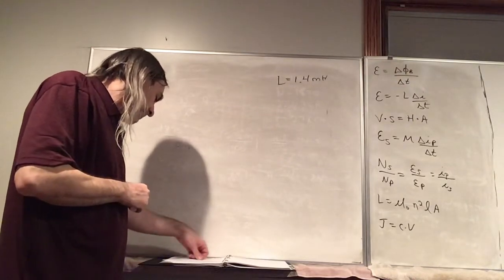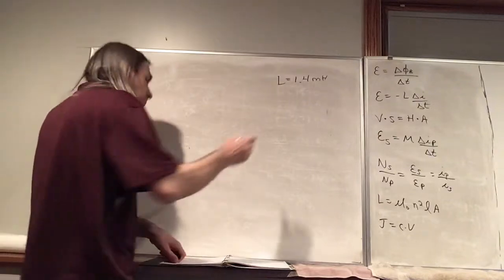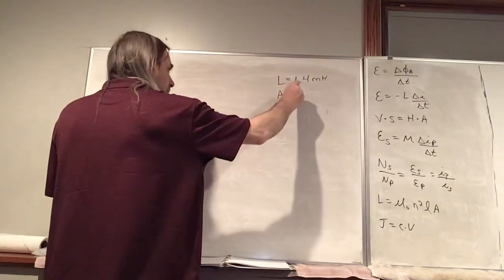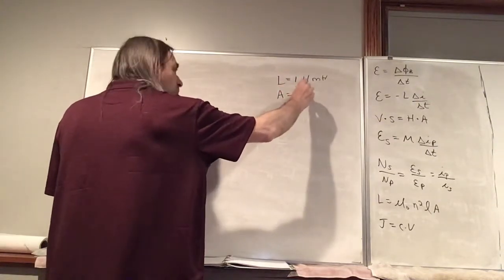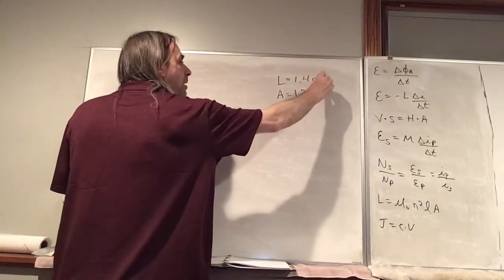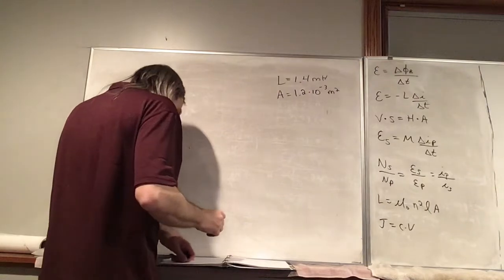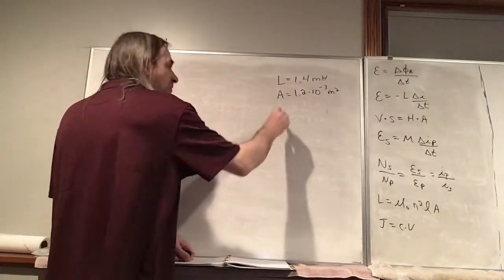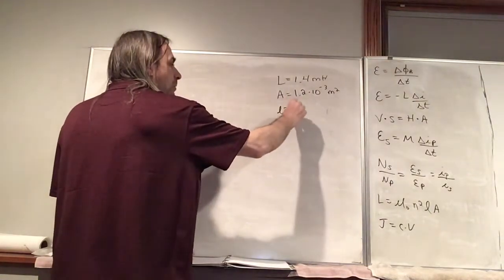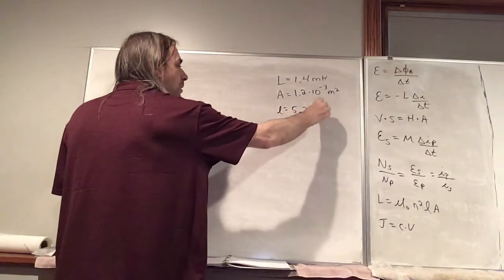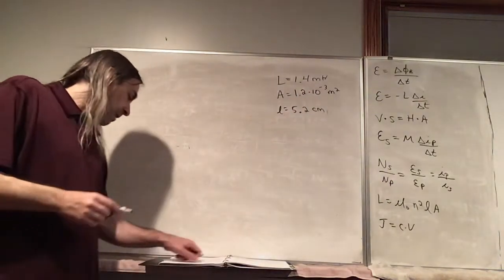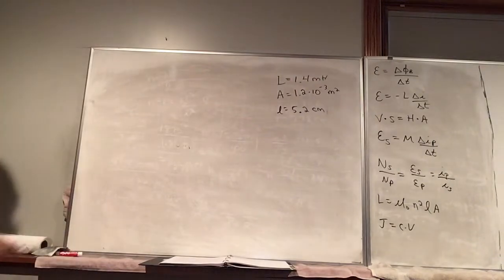The inductor is to have a cross-section area of 1.2 times 10 to the minus 3 meters squared and a length of 5.2 centimeters. How many turns are needed?